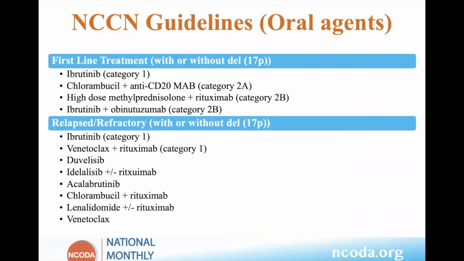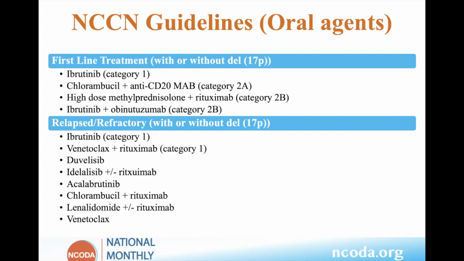So traditionally, when we would treat CLL, we actually used a lot of alkylating agents and purine analogs. That used to be the frontline therapy for CLL, but now we're starting to see that the NCCN is recommending several oral agents, either as monotherapy or in combination with a monoclonal antibody. For example, ibrutinib or Imbruvica is a preferred first-line treatment agent for CLL in patients with or without a 17p deletion.